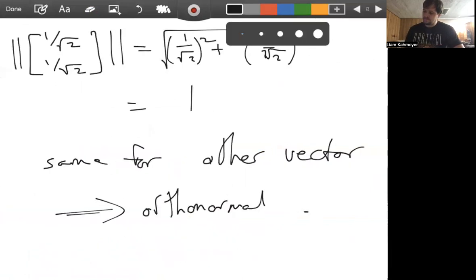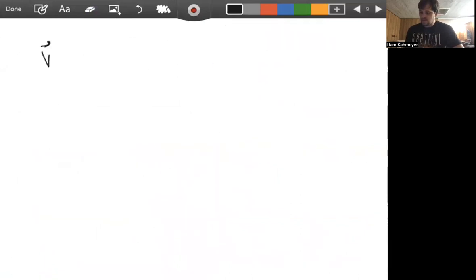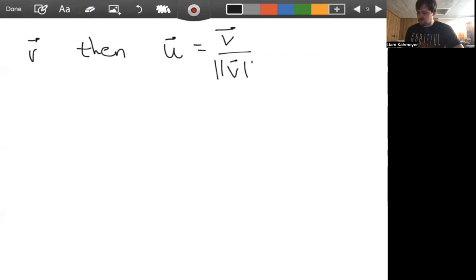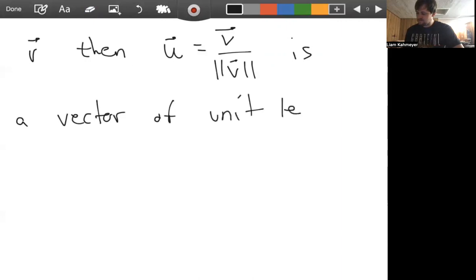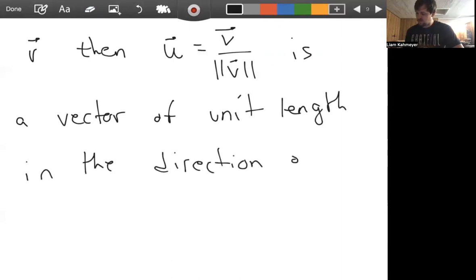And why did that make it orthonormal? Well, remember, if you have a vector v with magnitude not equal to 1, or even if it is equal to 1, then u, which is defined to be v over its magnitude, or scaled by 1 over its magnitude, is a vector of unit length in the direction of v, right?